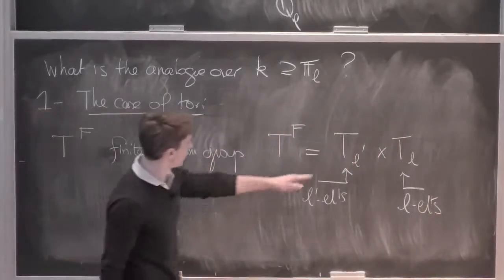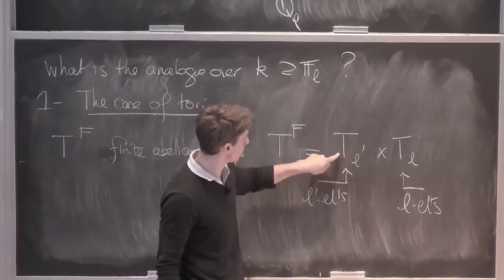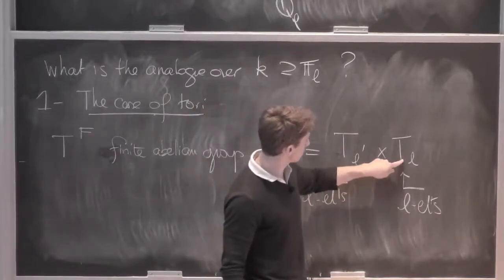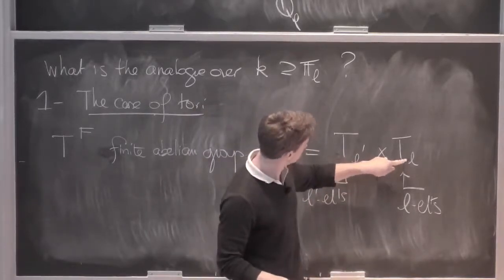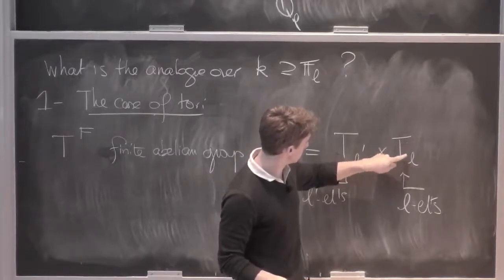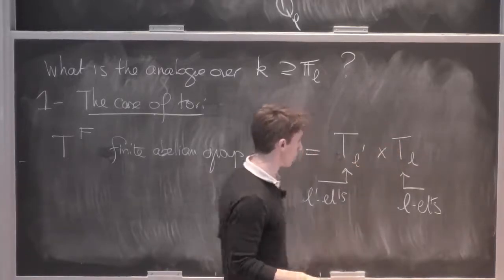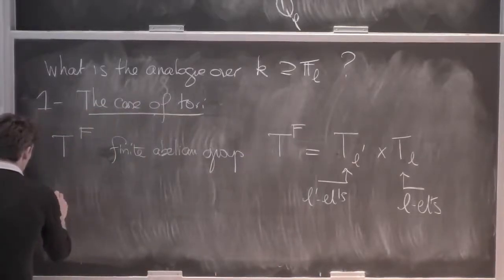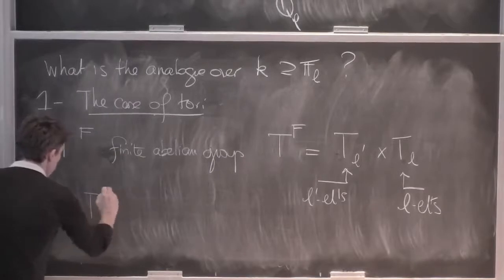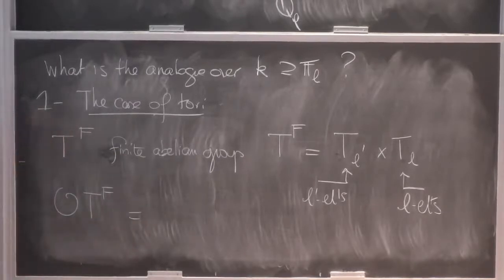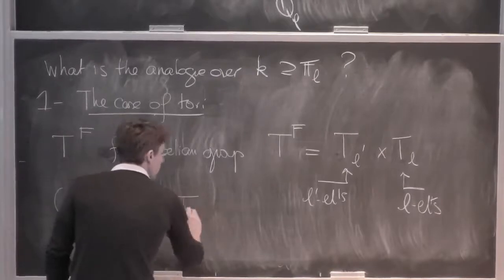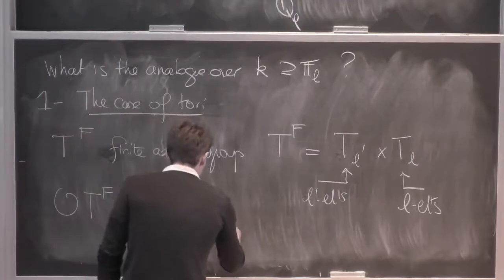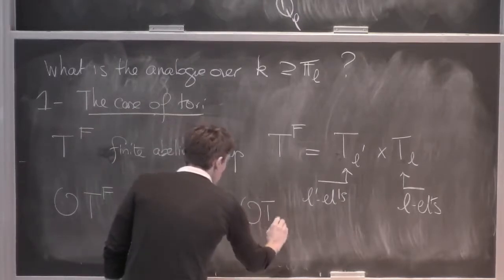So here you really have an L prime group whose representation theory will be easy, going from characteristic 0 to characteristic L. And this one is easy but in a completely different way. By this I mean that the group algebra would be just a single block. Okay, so let me explain this. If I start with the ring O, I have a similar decomposition for the group algebra in terms of the group algebra of this L prime group tensored with the group algebra of this L group.